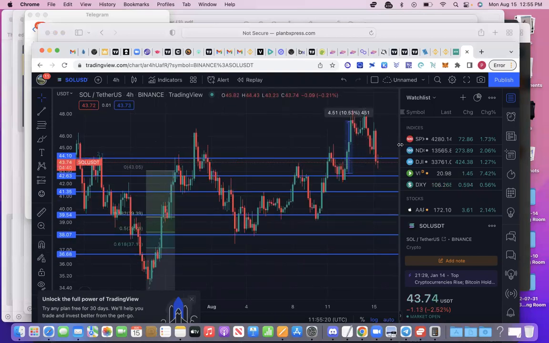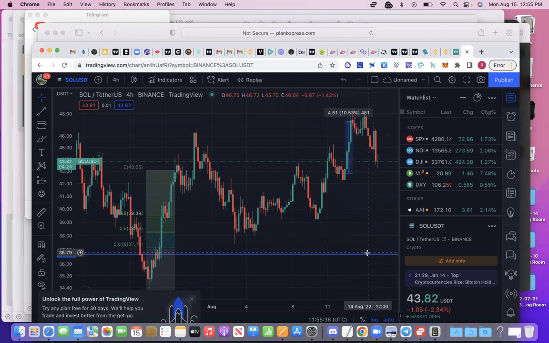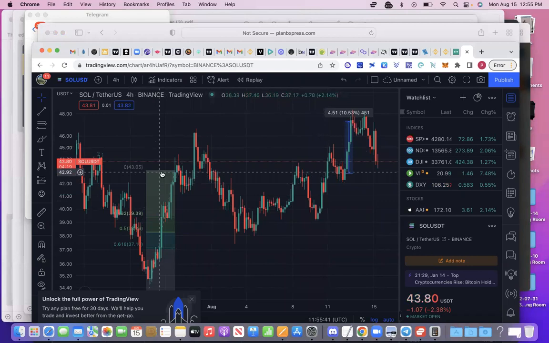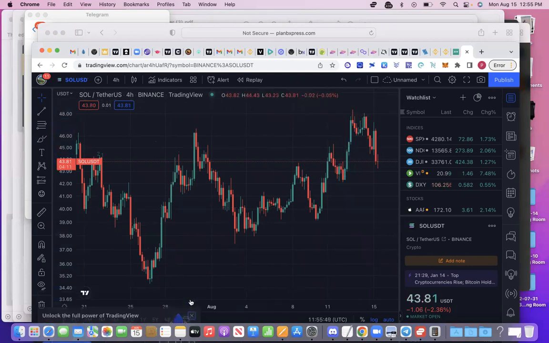I want to have a plain chart so it doesn't get too difficult. So these are my buy zones and exits and all of that. So by default, this is what you're going to see. Now, this, you can close this guy.